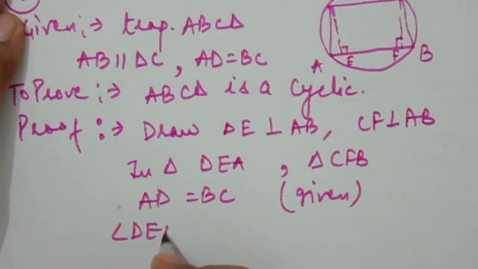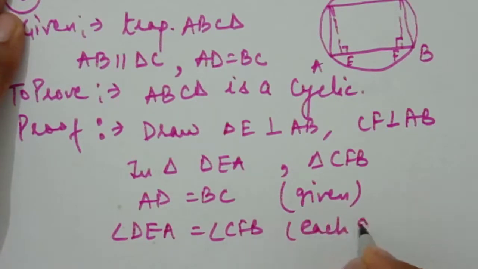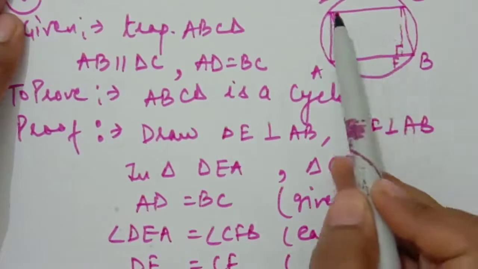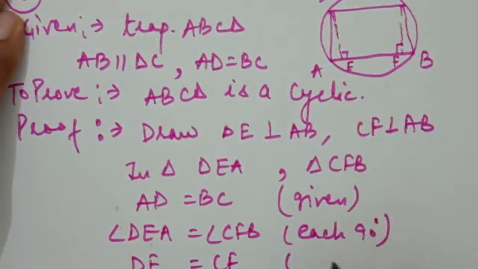Angle DEA is equal to angle CFB, each 90 degrees, and DE is equal to CF, because these two lines are parallel, it is given, and the distance between two parallel lines is always equal. So what we have to write here: distance between two parallel lines is always equal.